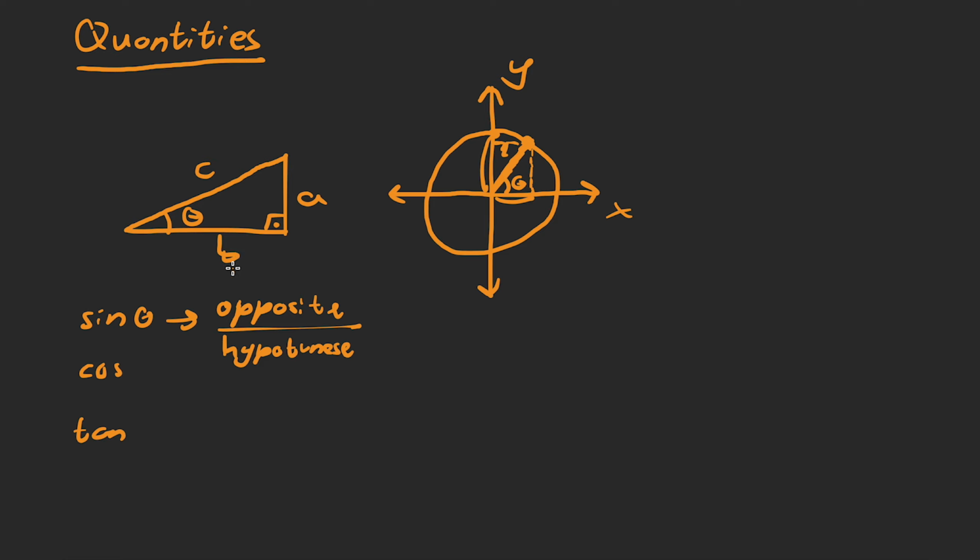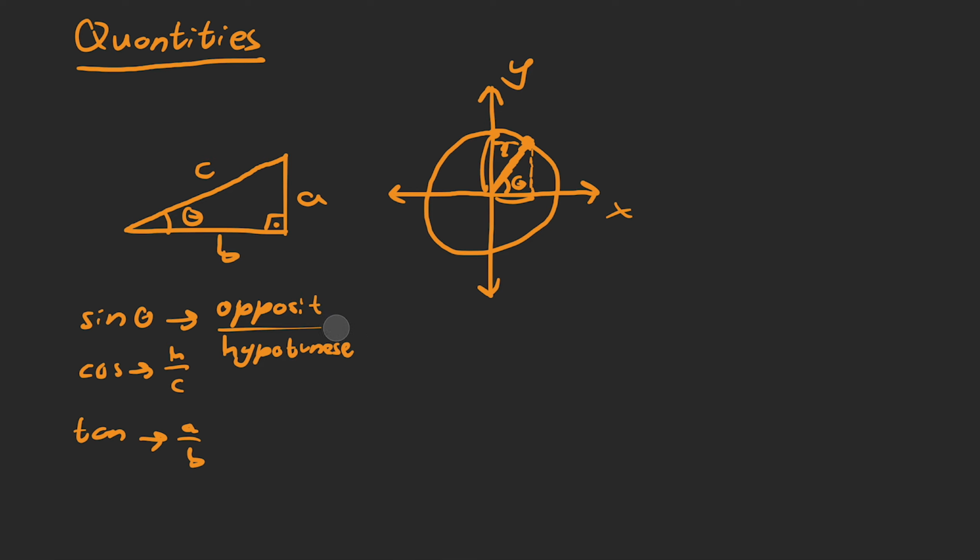And this is called the adjacent. So our sine theta is defined as A over C. Similar to that, our cosine theta is defined as adjacent over hypotenuse, which is B over C. And our tangent theta is opposite over adjacent, which is A over B.